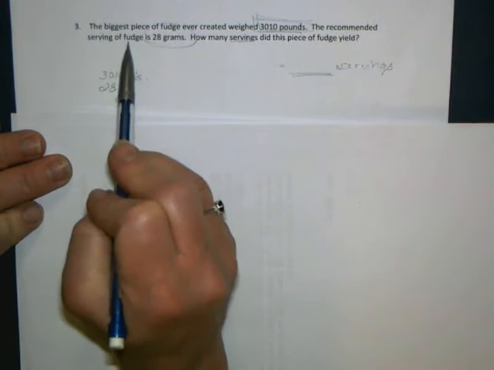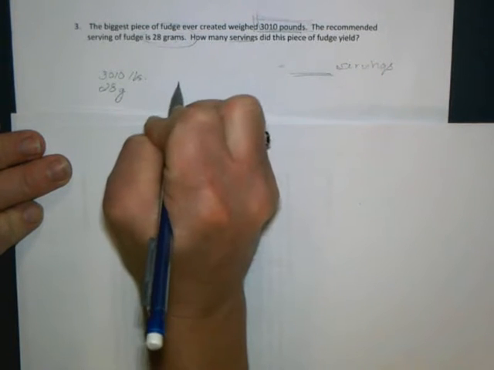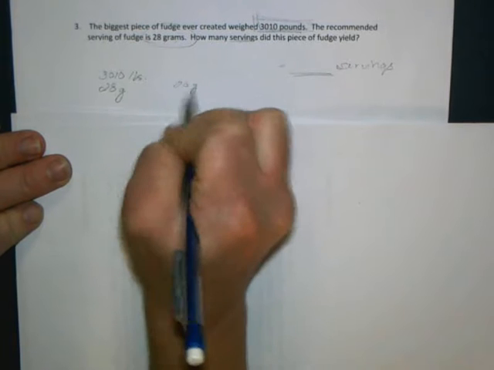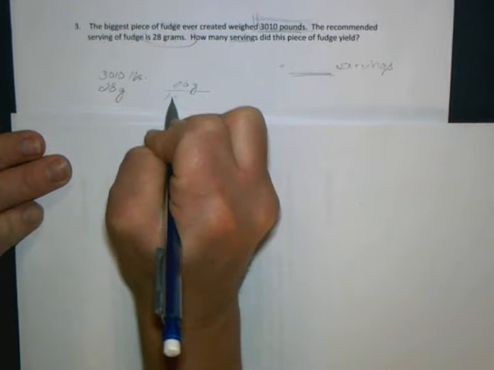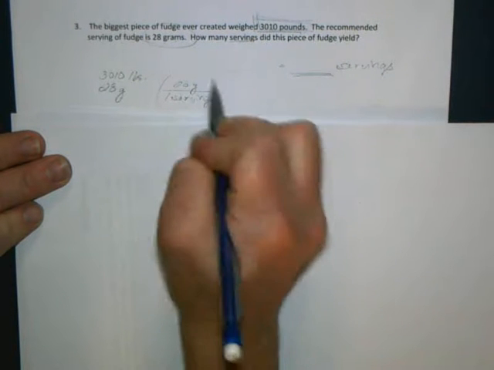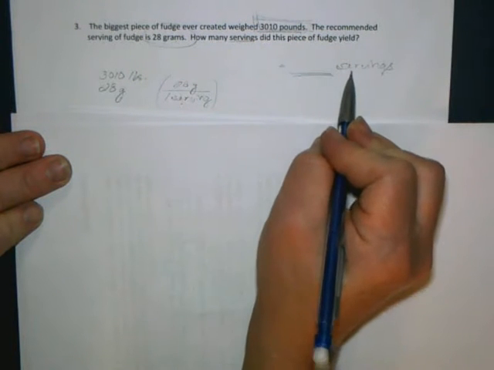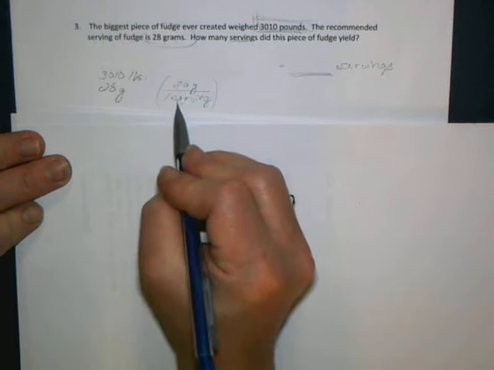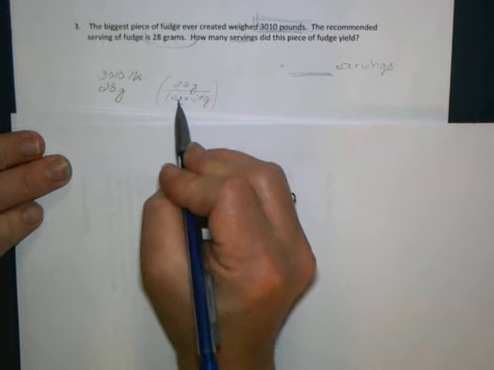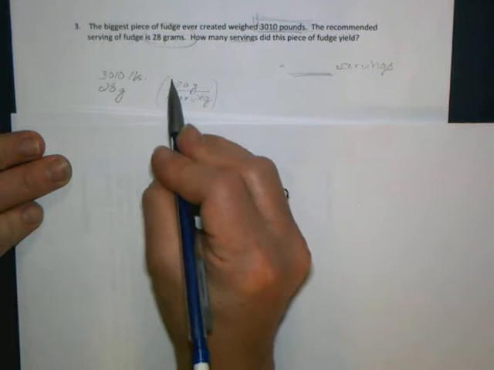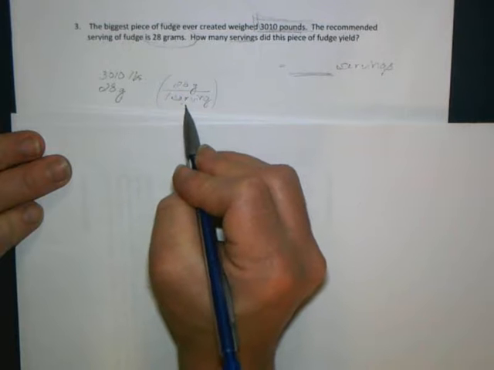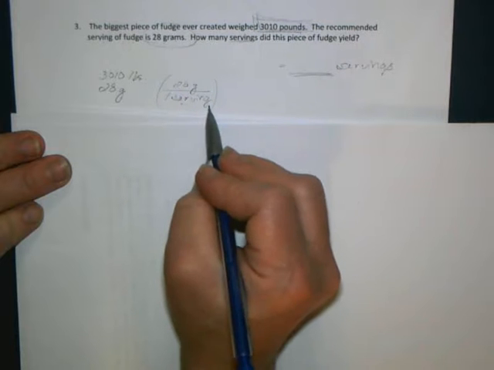The recommended serving for one person is 28 grams. So a serving is 28 grams per person or per one serving. Now, I want serving to be my ending unit. So I know when I set up my problem, I want this conversion factor to actually be flipped. I need serving to be in the numerator, and the grams then will be in the denominator.